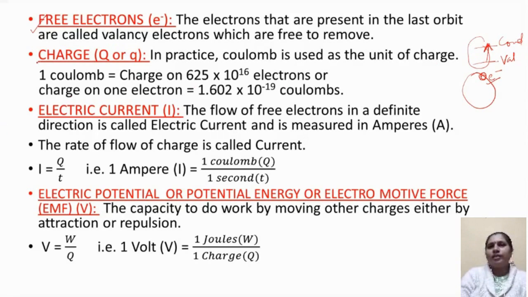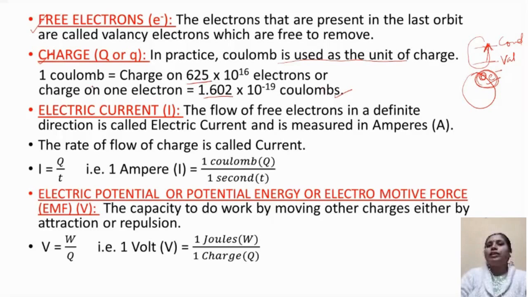Coming to the next one, that is charge. What is charge? In practice, coulomb is used as the unit of charge. This electron has some amount of charge, which is given as one electron having a charge of 1.602 into 10 power minus 19 coulomb.